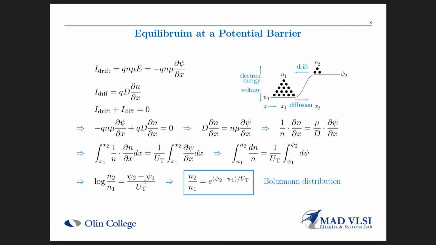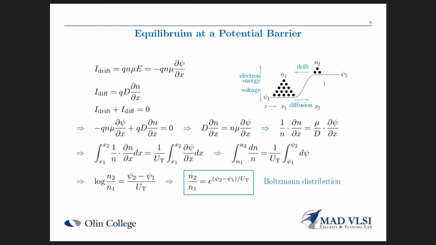So we can exponentiate both sides of this, and what we get is that the ratio of n2 to n1 is exponential in the height of this barrier divided by the thermal voltage. And so this relationship is called the Boltzmann relationship. This is actually where all of the exponential IV relationships that we're going to study this semester really come from: the ratio of the concentrations on either side of the potential barrier is exponential in the height of the barrier.